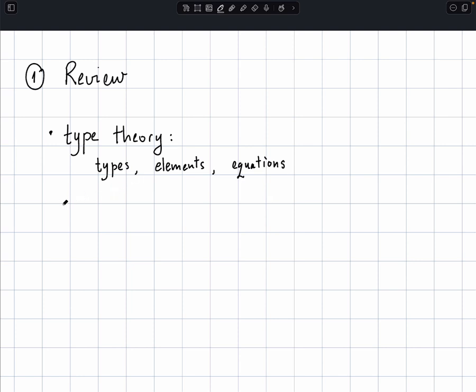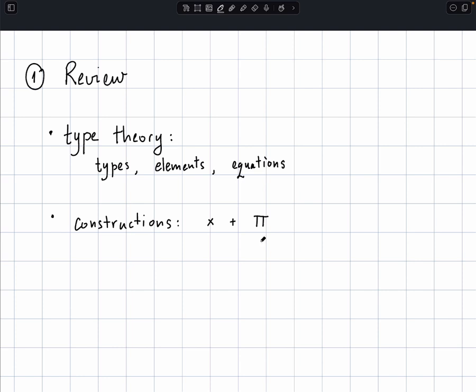So then we had some basic constructions. I think we looked at binary products and sums. And then we did dependent products, so families of types.